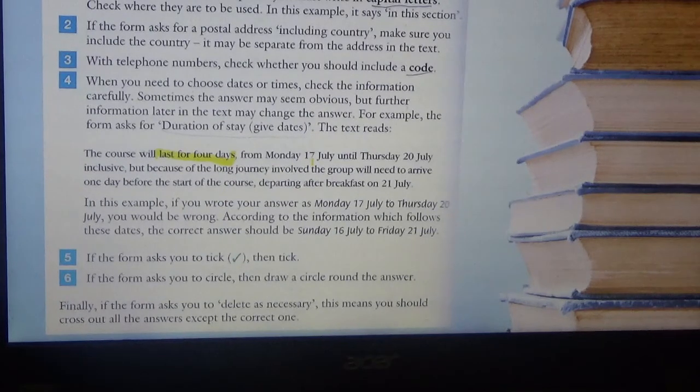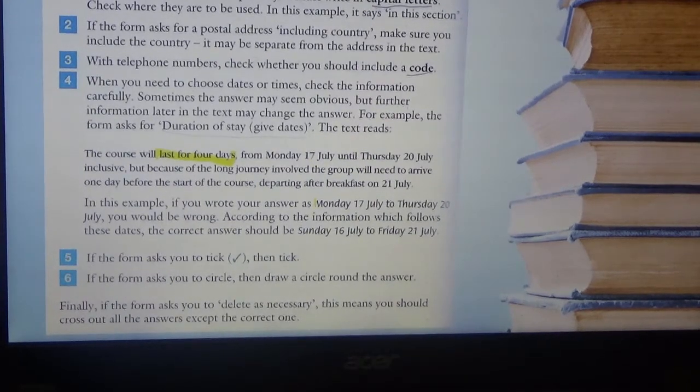But because of the long journey involved, the group will need to arrive 1 day before the start of the course, departing after breakfast on the 21st of July. In this example, if you wrote your answer as Monday, 17 July to Thursday, 20 July, you would be wrong.